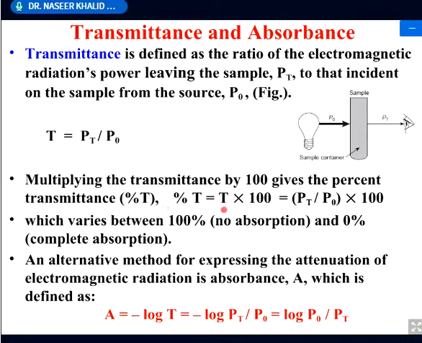That is, percentage transmittance equals T multiplied by 100, or Pt over P0 into 100. It means that this percentage value varies from 0 to 100%. When it is 0% transmittance, everything is being absorbed. If it is 100% transmittance, nothing has been absorbed.